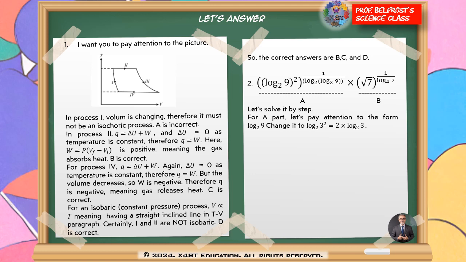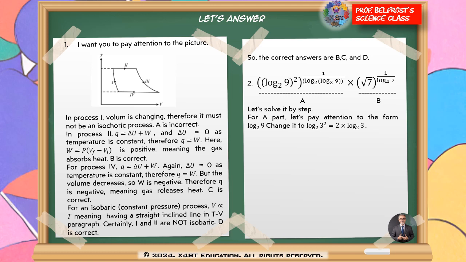For the A part, we pay attention first to the form log base 2 of 9, because this expression keeps occurring. You see, the internal one also has log base 2 of 9. Okay, we can change this to log base 2 of 3 to the power of 2, and we can move the 2 to the front of the log.